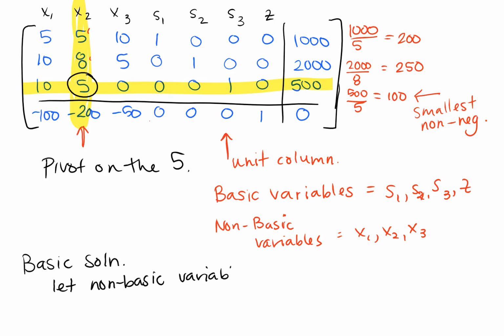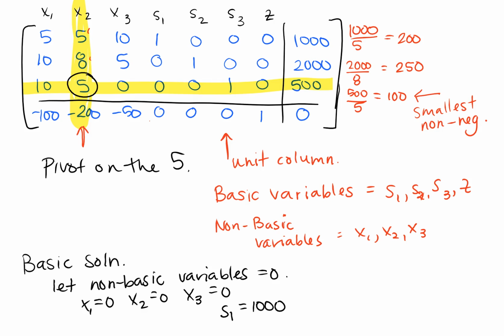If we do that from our simplex tableau, this means that we have x1 equals 0, x2 equals 0, x3 equals 0. Now, if x1, x2, and x3 are all 0, then reading the first row of our tableau, we have 0 plus 0 plus 0 plus s1 equals 1,000.